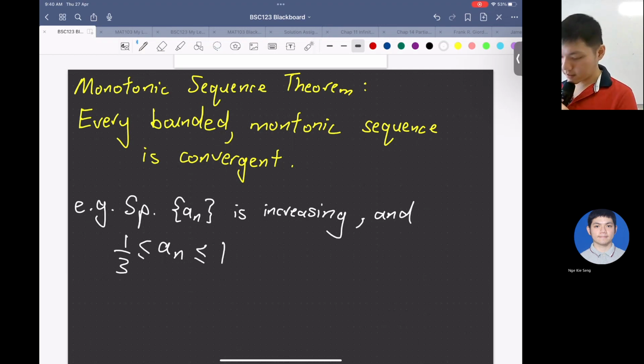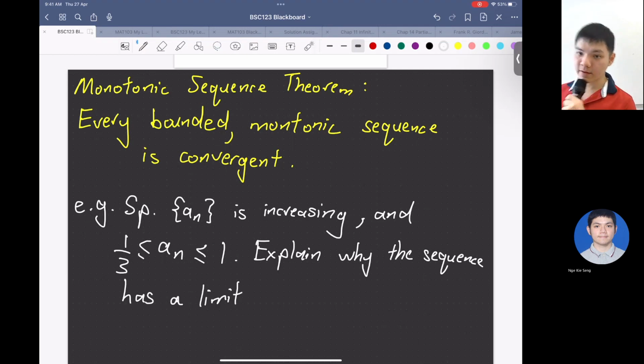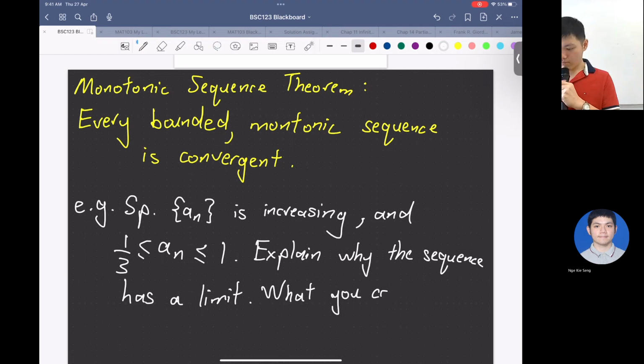So explain why the sequence has a limit. And then what can you say about the limit?